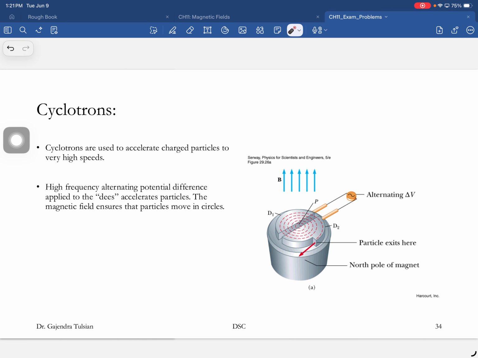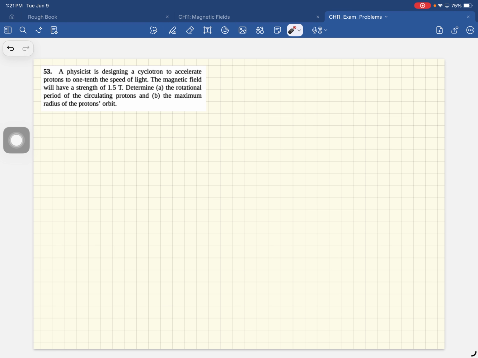That's 10 to the minus 27 over 10 to the minus 19, 10 to the minus 1. So 1.67 into 0.3 divided by 1.6 into 1.5 meters.